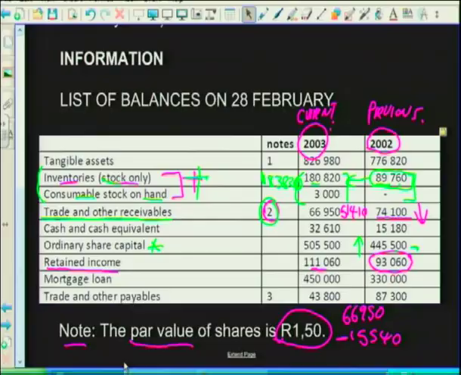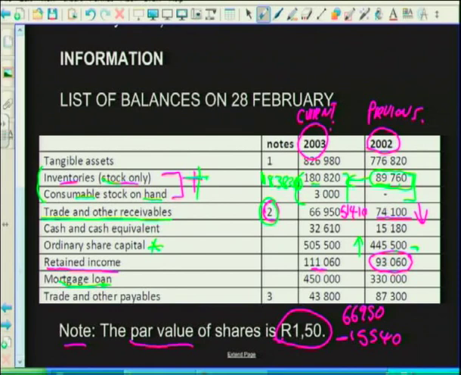Right, let's move on now to the loan. Let's look at what happened to our loan. Yes, guys, I know I've written down increase in loan, but remember, there could also be a decrease in loan. So let's go back to our information and look at what happened to our mortgage loan.